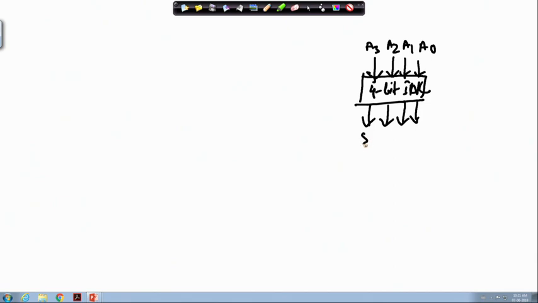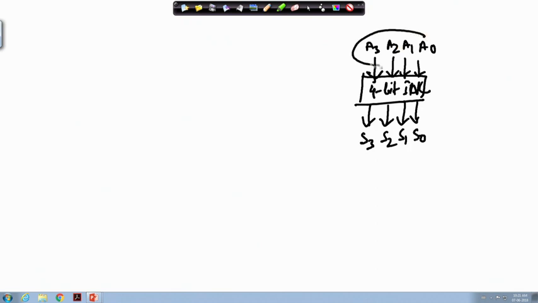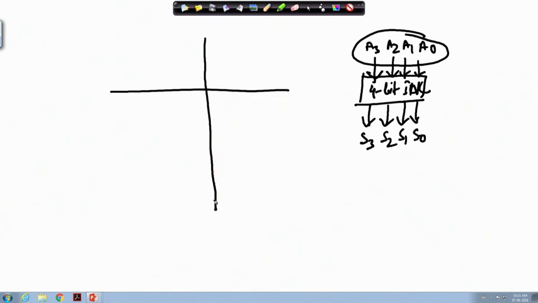At the output I will get S3, S2, S1, S0. I need to design this 4-bit incrementer in such a way that whenever I give any 4-bit input, I will get an increment by 1 in each cycle. So where do I need to start?